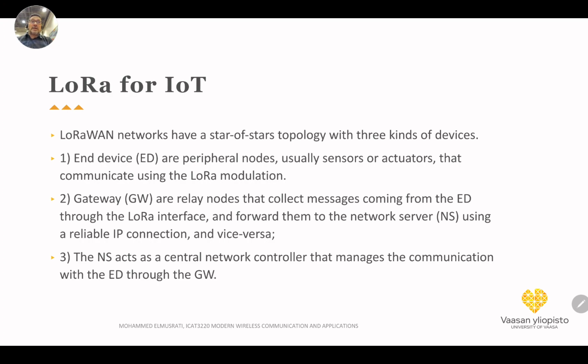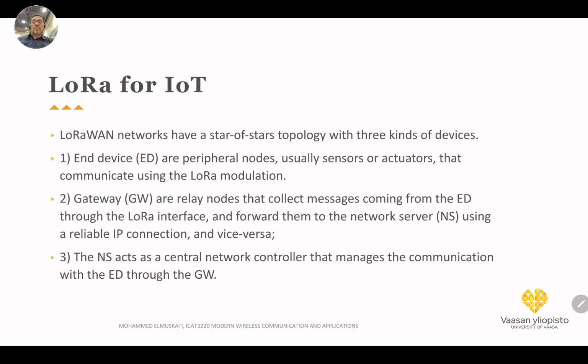The idea here is how to use this unlicensed band to provide connectivity for a very large number of IoT devices. This can be a standalone solution, so a company can buy the IoT devices, the gateways and the server, and use them for their own application.